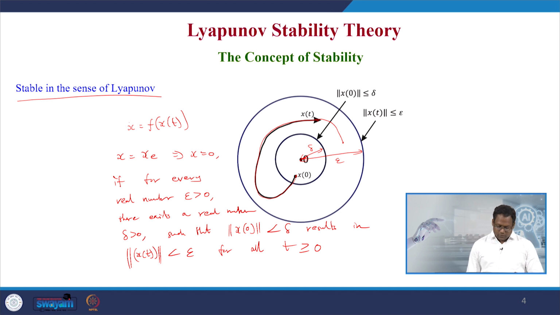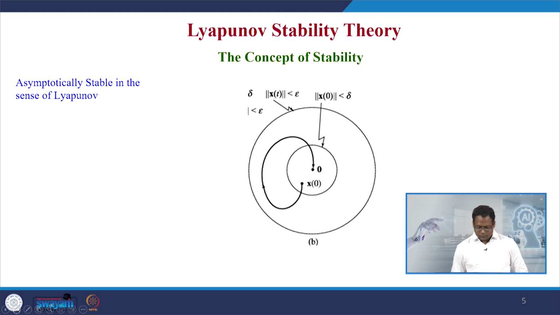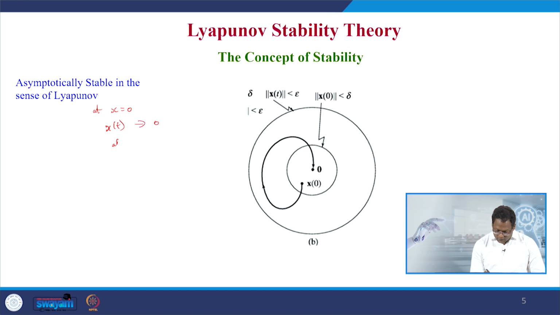Okay, so now let us talk about asymptotic stability. What can we conclude about asymptotic stability? Here we can say that the system is asymptotically stable at x equal to 0 if the state x of t approaches 0 as time approaches infinity.